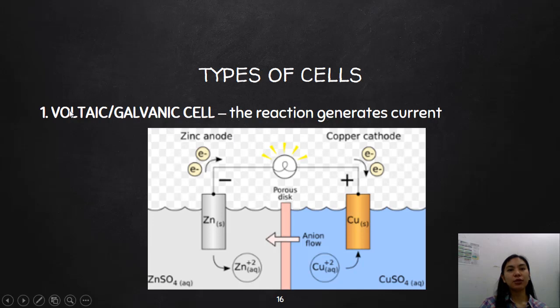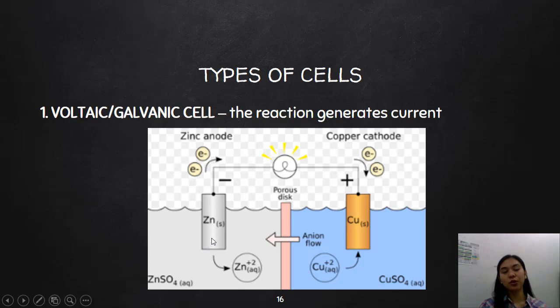Number one, you have your voltaic or galvanic cell, meaning this reaction generates current. Like your typical battery, when you put it in, your gadgets get power. The batteries in your cell phones are actually an example of a voltaic or galvanic cell.